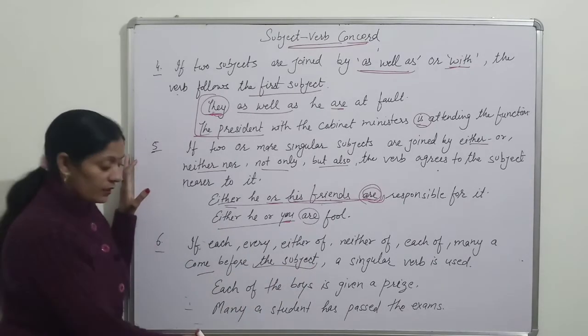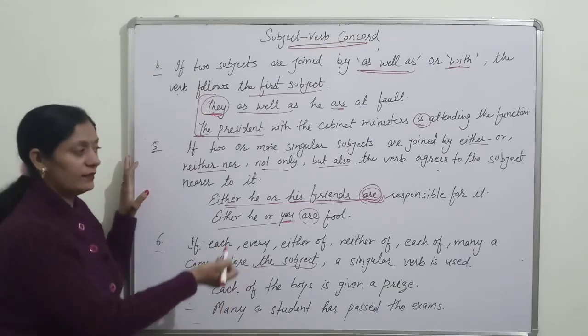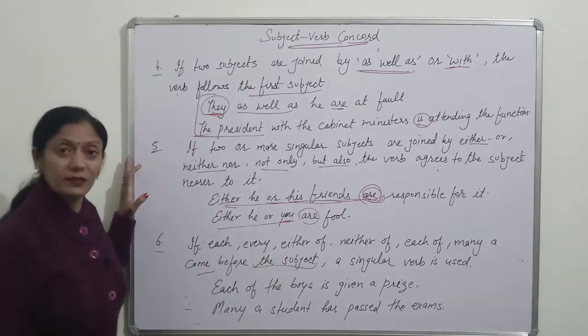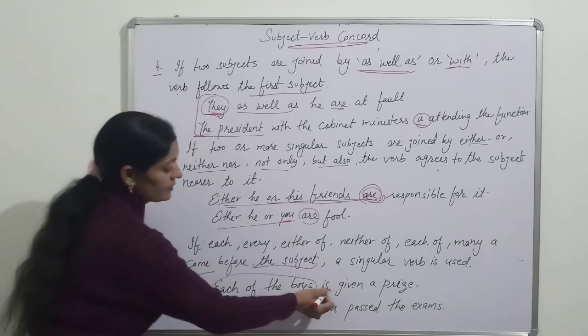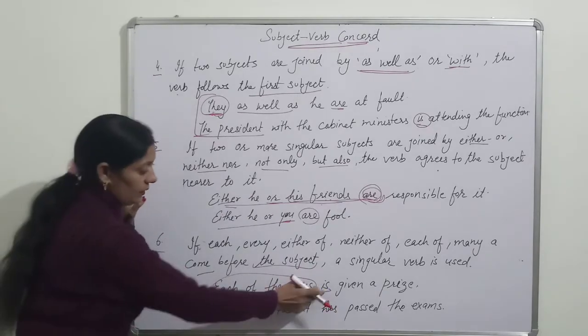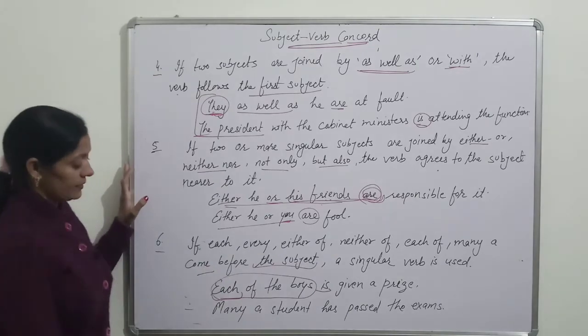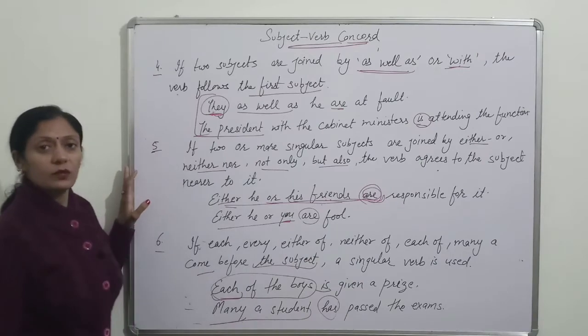Suppose before the subject we use each, every, either, neither, many, then the verb should be singular. For example, each of the boys. So each of the boys is. We are using it according to each. Each of the boys is given a prize. Next example is many a student has.